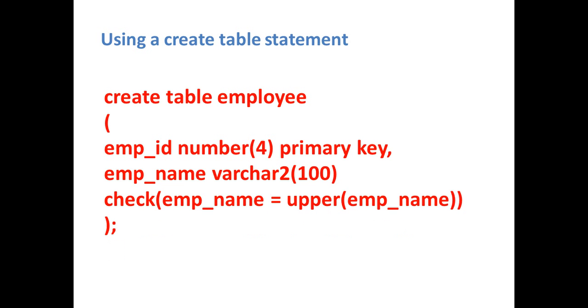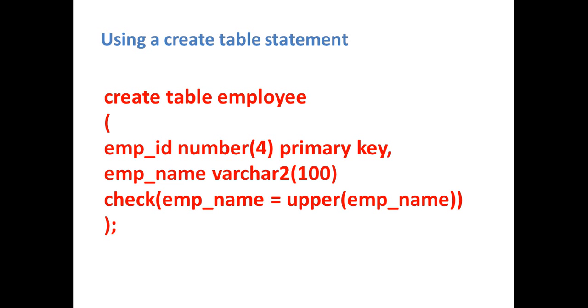There is another method where we directly, suppose EMP ID number, here primary key is mentioned, the EMP name varchar2 100, beside that giving a space you write check, then the condition.